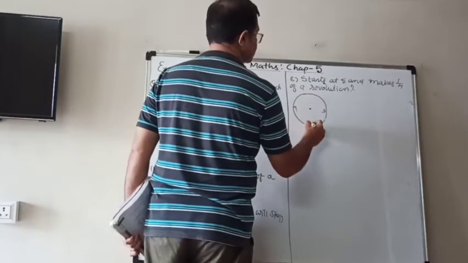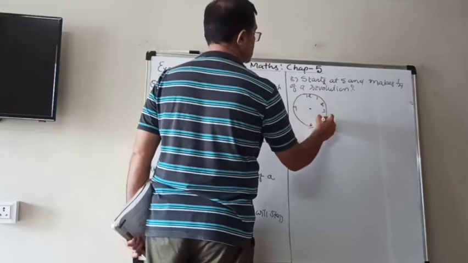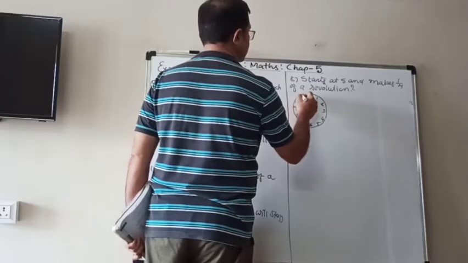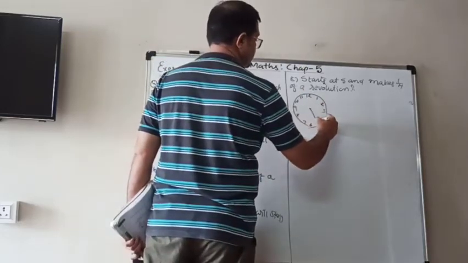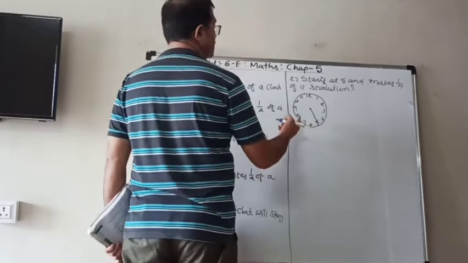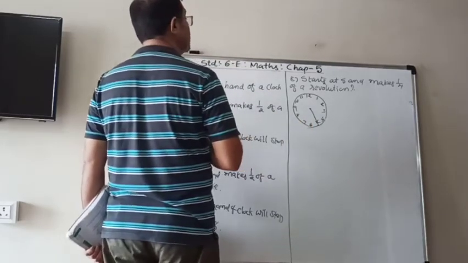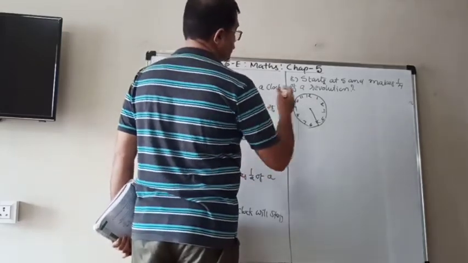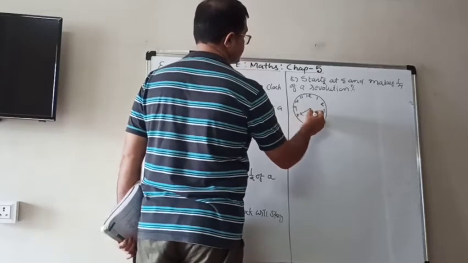3, 6, 9, 12, 1, 2, 5, 7, 8, 10 and 11. Now starts at 5. And then it makes quarter of a revolution. Quarter of a revolution means a right angle.